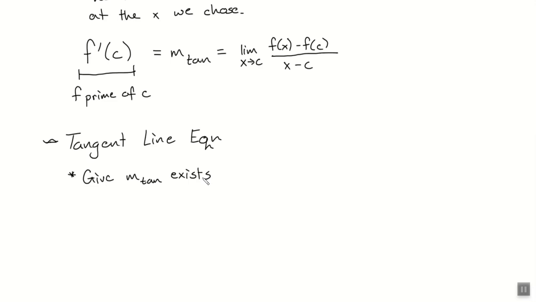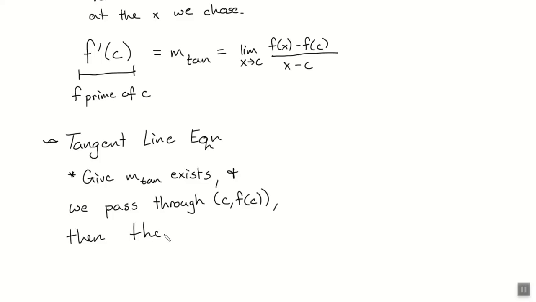If this exists and we pass through some ordered pair, we'll say, I don't know, like c and f of c, then the tangent line is written, and I'm going to make you guys help me with this. We're going to write the equation of this line.